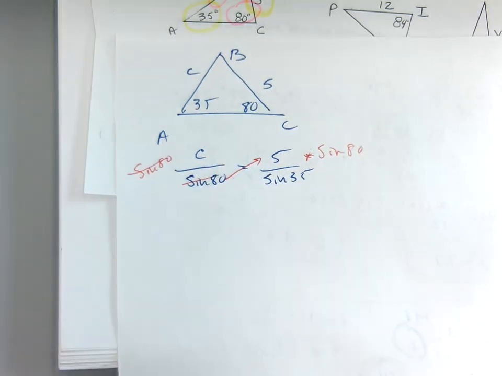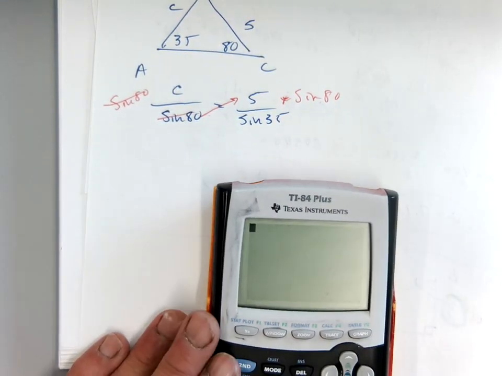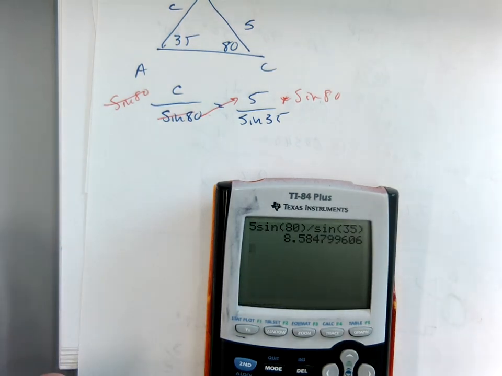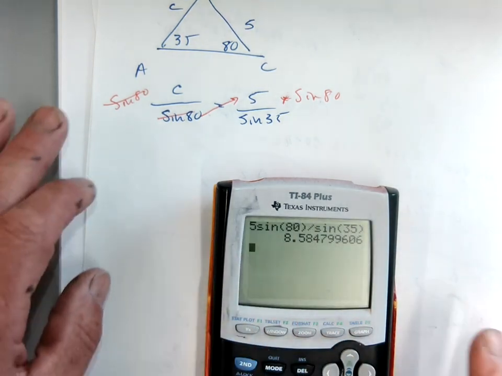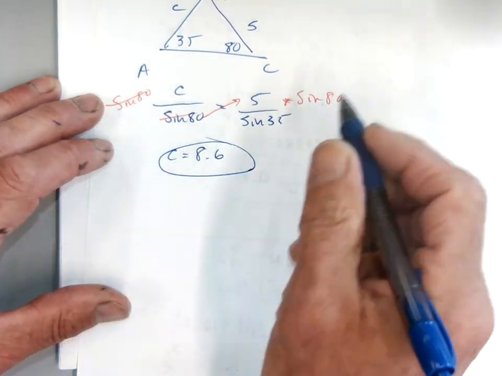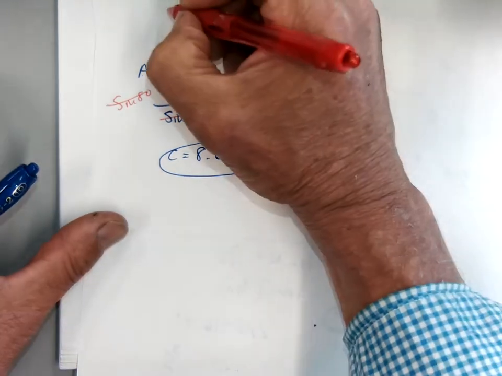And I'm just going to use my calculator. 5 sine 80 divided by sine 35. Let's see what I get. About 8.6 for that side. Okay. Put that in there, 8.6.